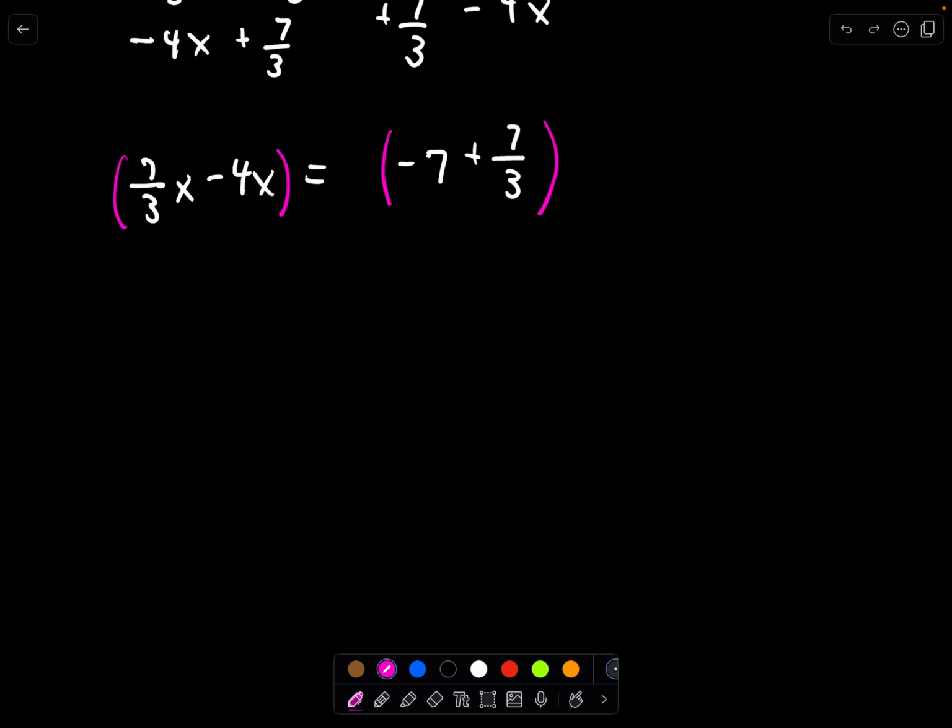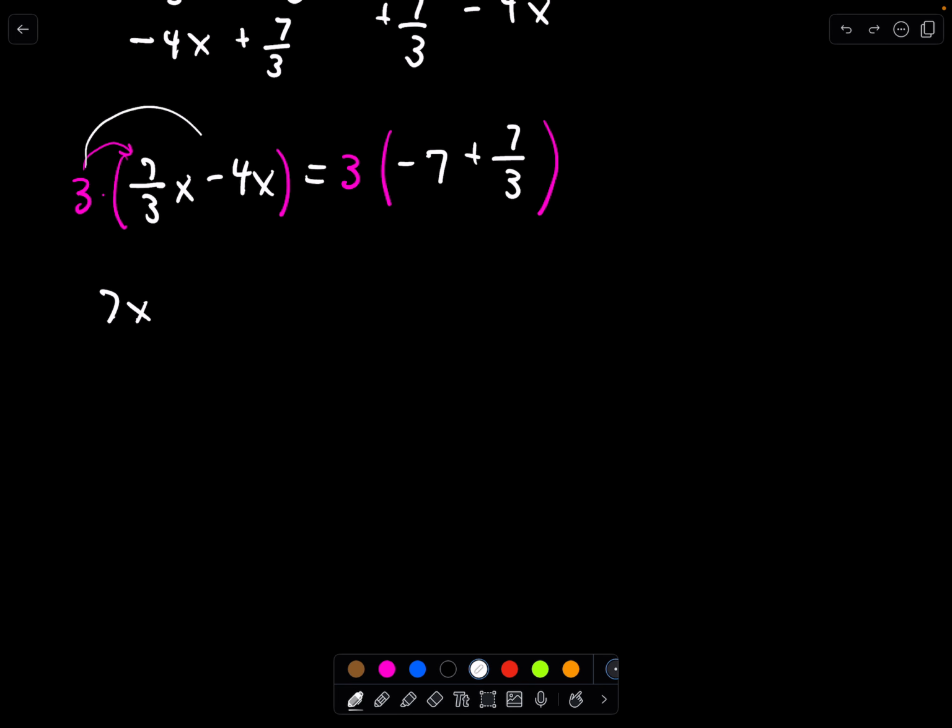And it looks to me like if we multiply both sides by 3, when I distribute, I can get rid of fractions. Because when I multiply 3 times 7 over 3, the 3 over 3 would cancel, and that would leave me with just 7x. Or equivalently, we would get 21 over 3x when I distribute, which again is just 7x.